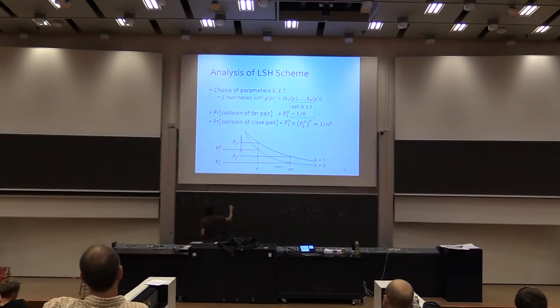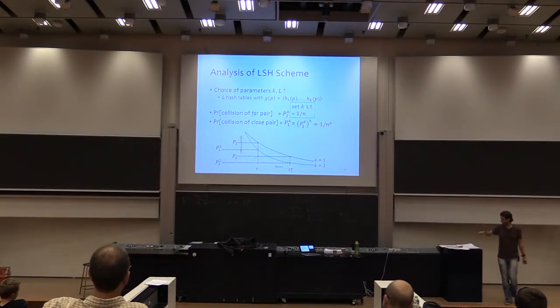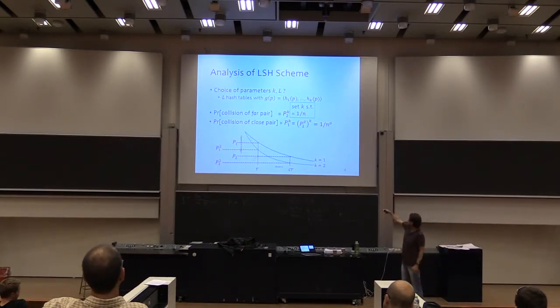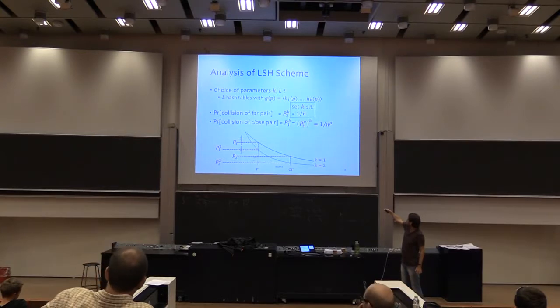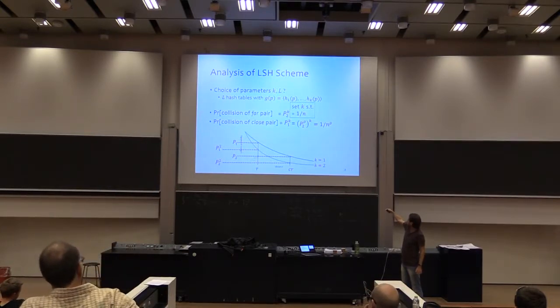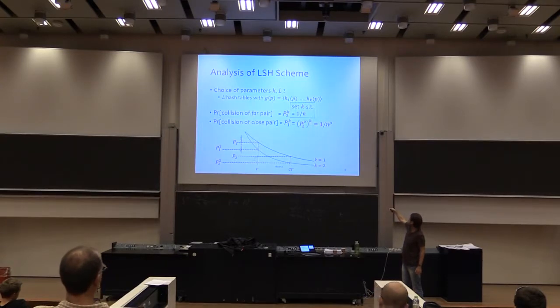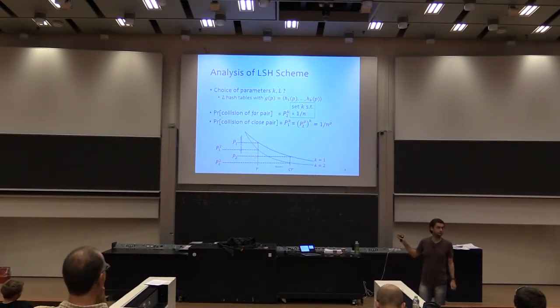This is equivalent to saying that P1 is equal to P2 to power rho. If you take log of both sides, this is exactly what rho is. You plug in this rho, and because P2 to power K is equal to 1 over n, you get 1 over n to power rho. This is why the definition of rho is what it is: exactly this calculation.